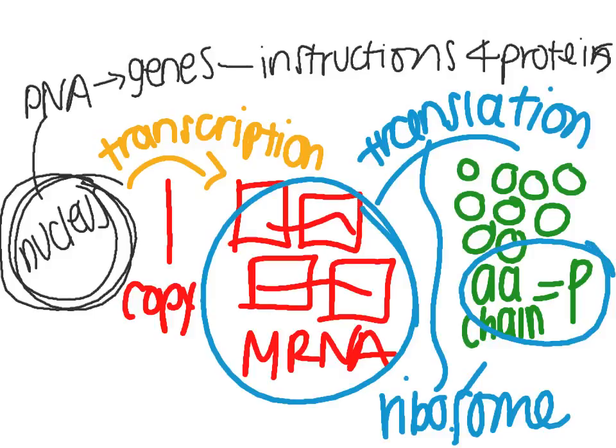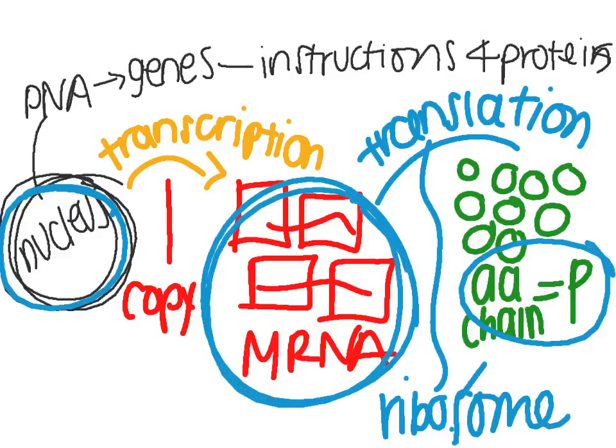So just to recap, all of the information that is needed in order to make proteins is stored in the nucleus, right here. And it's very well protected. The next step is transcription, which happens within the nucleus, where all the information is copied into mRNA right here.